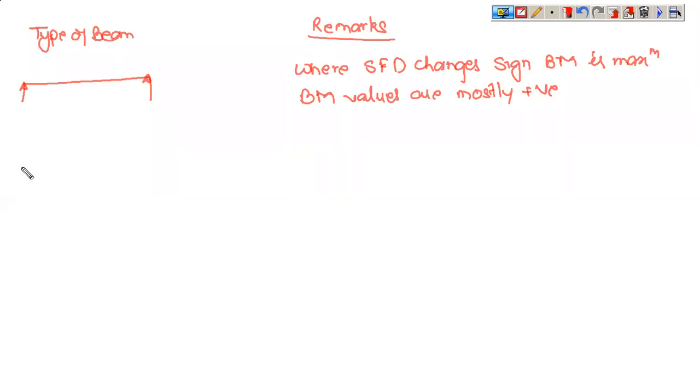And for overhanging beam, these conditions they will exist for all beams. Next is look out for point of contraflexure.